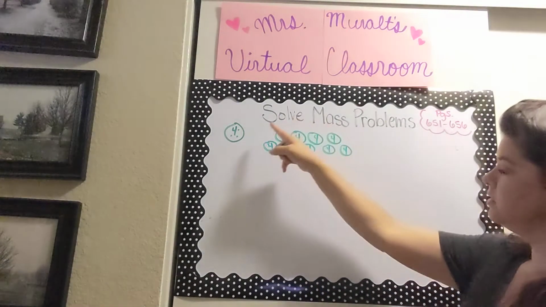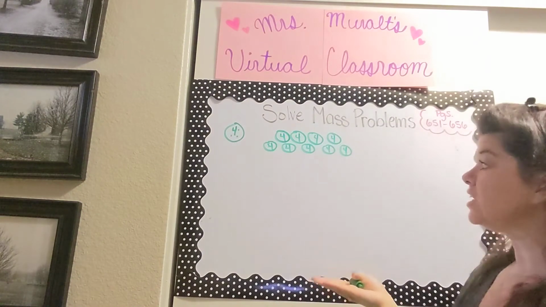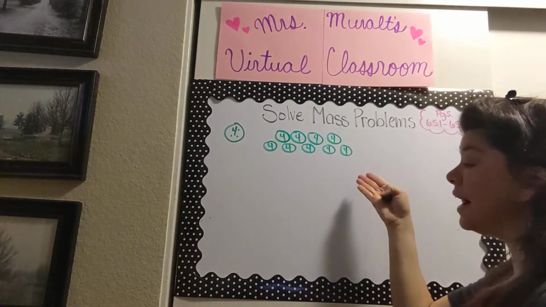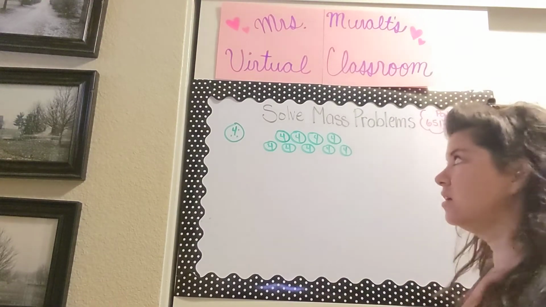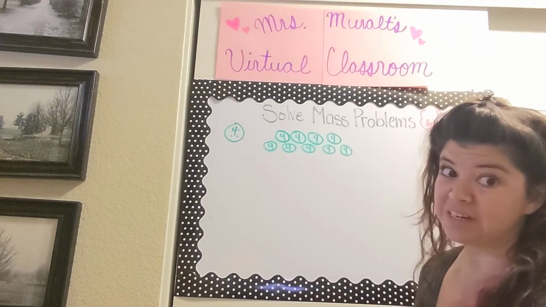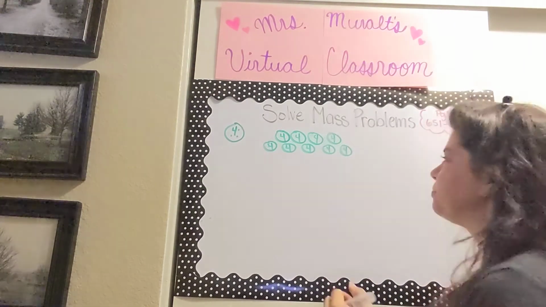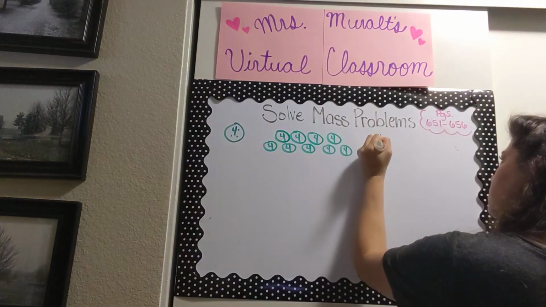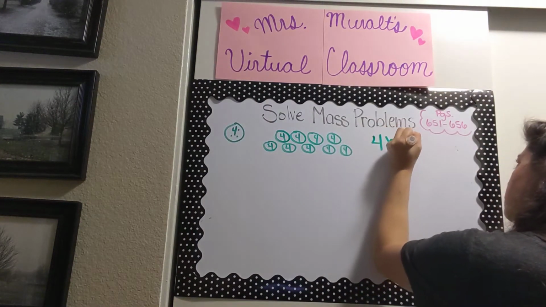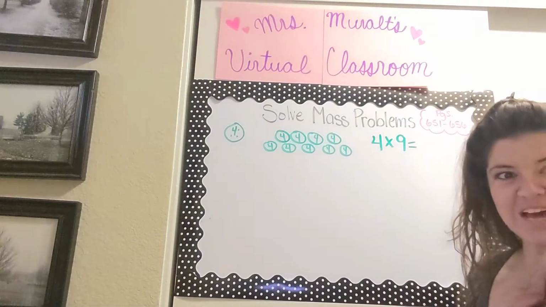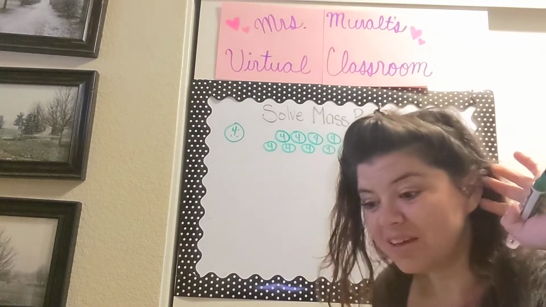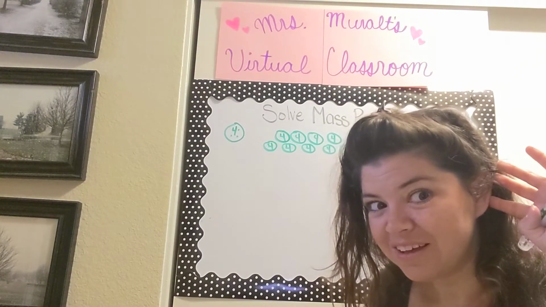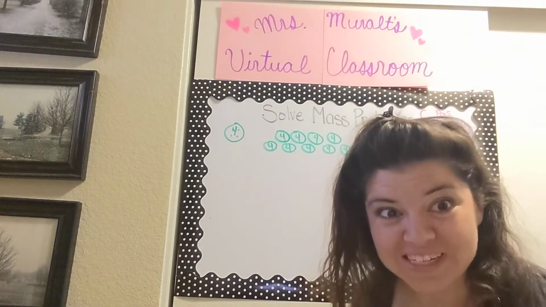So now all of a sudden, we've turned it into a multiplication problem, because if you have 9 pieces and each one is the same, we can multiply it. We can also do repeated addition if you need to. I'll show you. 4 times 9. We went over our basic facts. What's 4 times 9? Did you say 36?